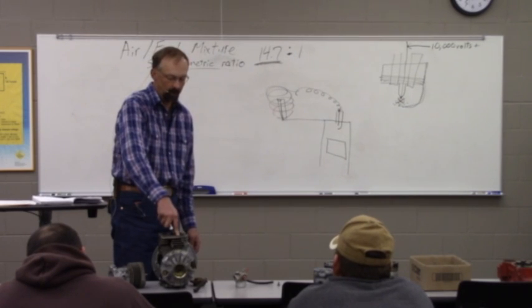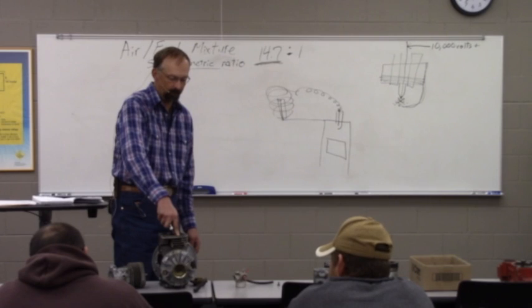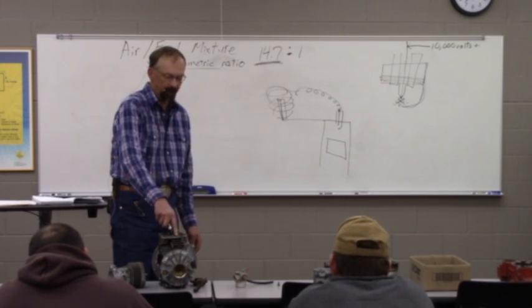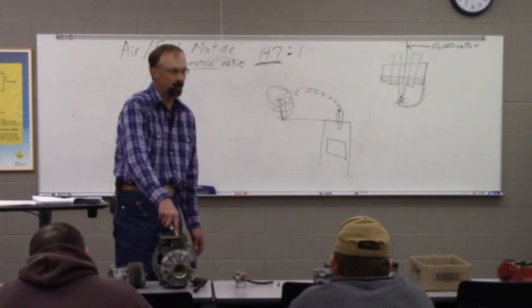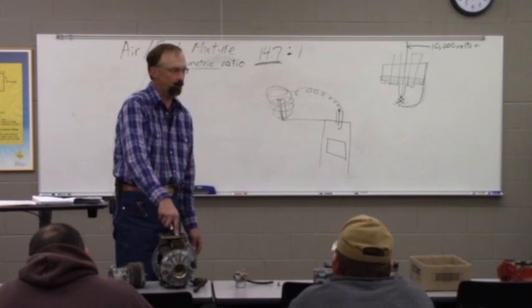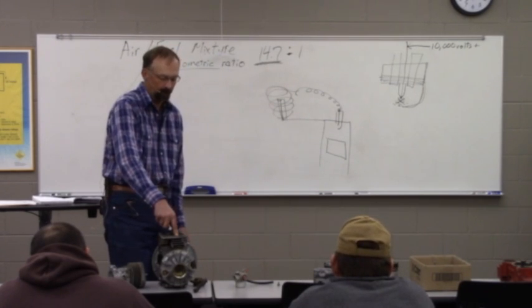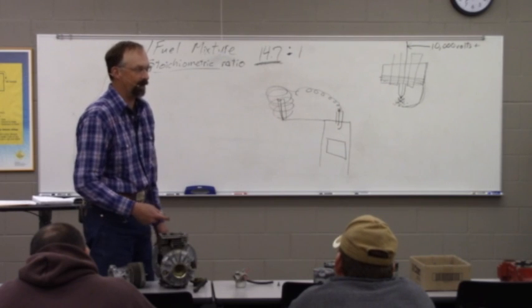A lot of our automotive engines will have the ability to adjust that spark timing from about 5 degrees before top dead center to about 30 degrees before top dead center, depending on engine RPM and load conditions. And there's no great way to adjust that.